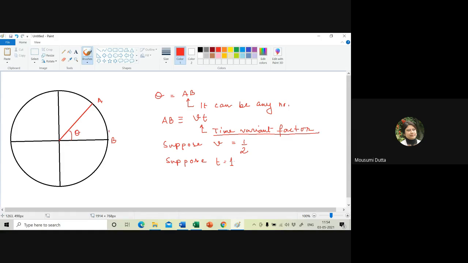So suppose T is equal to 1. In that case, V into T is equal to half. Suppose half is up to this. You are getting the thing in this way.